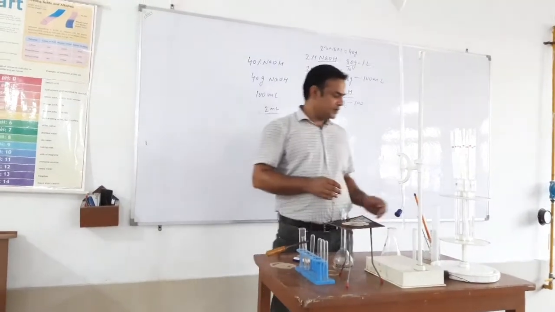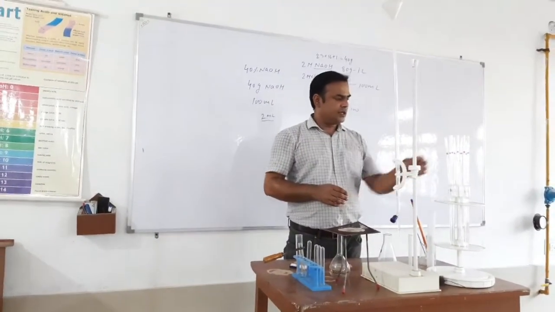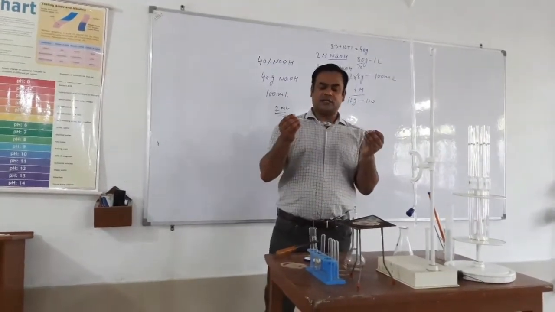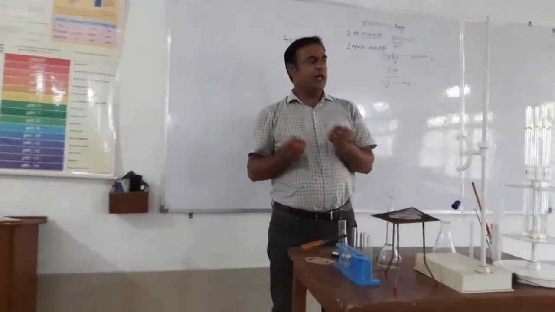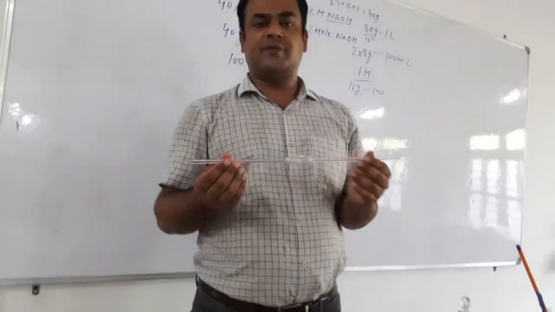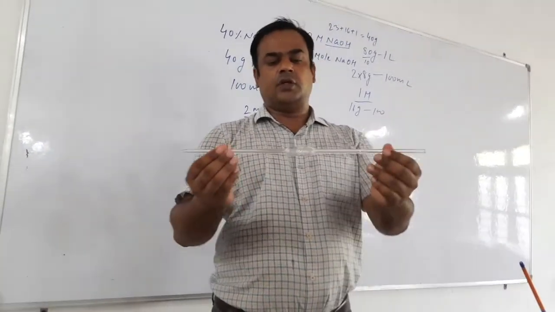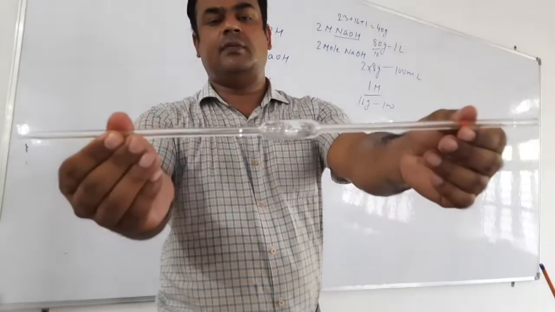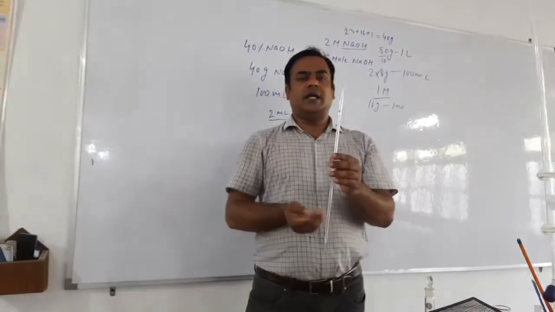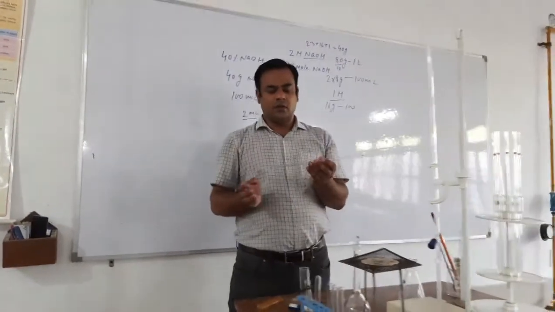Now next we have this one. This is a pipette. The name of this instrument is pipette. In our lab, we have a 10 ml pipette as well as a 20 ml pipette. You can see here, this one is a 10 ml pipette.